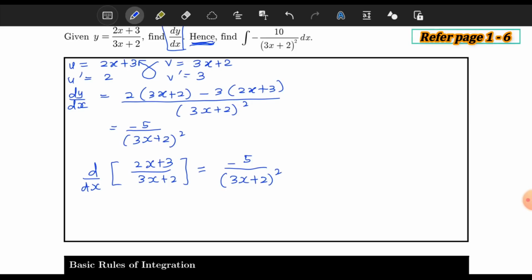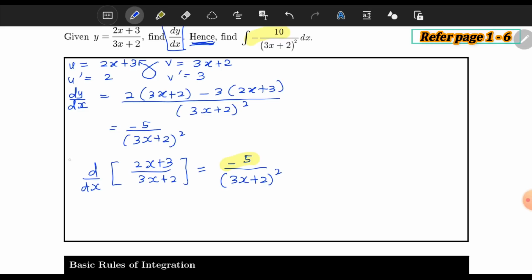Next, hence find the integral of negative 10 over (3x plus 2) squared. So if we notice here, we have negative 10. The question is to find negative 10 over something. But here we have negative 5. So how to get negative 10? We need to multiply by 2. And then we need to integrate both.